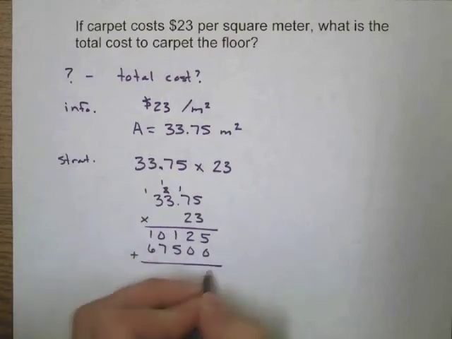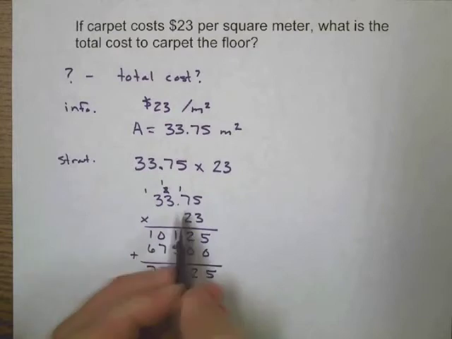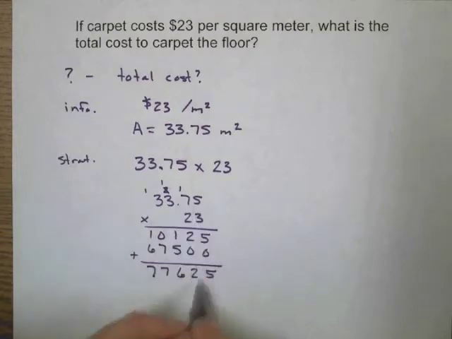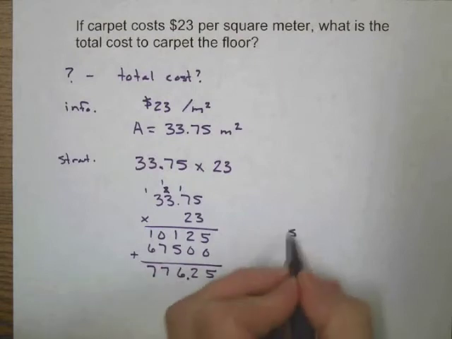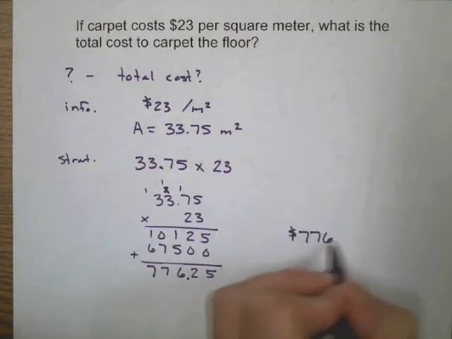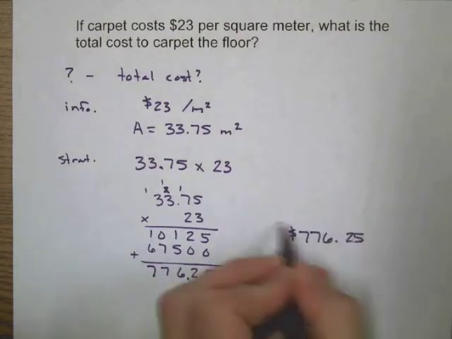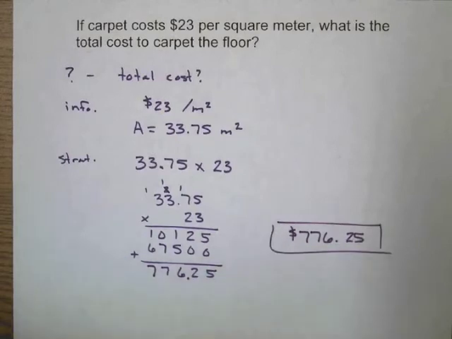Add that up: 5, 2, 6, 7, 7. I have 2 decimal places here, so my solution should be $776.25 as the total cost to carpet the floor.